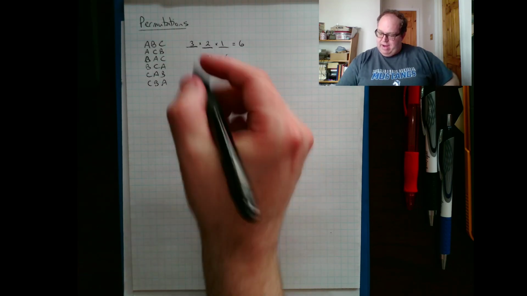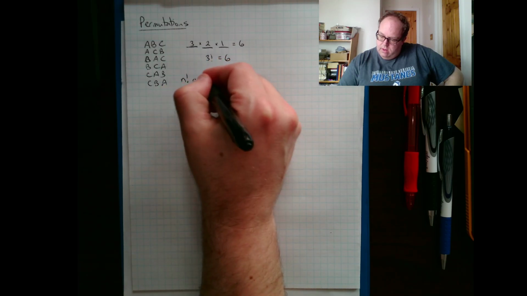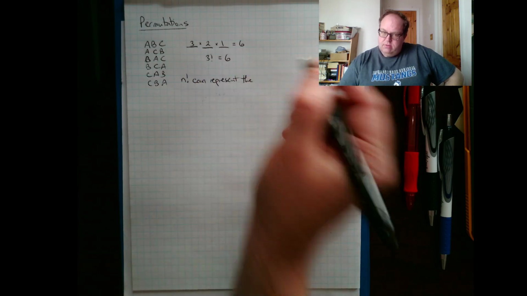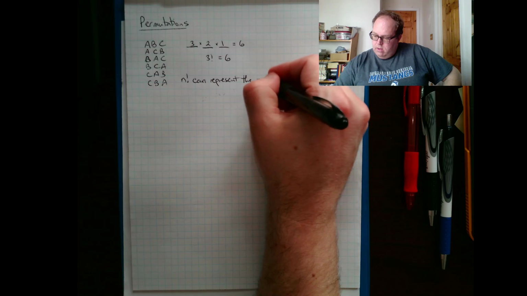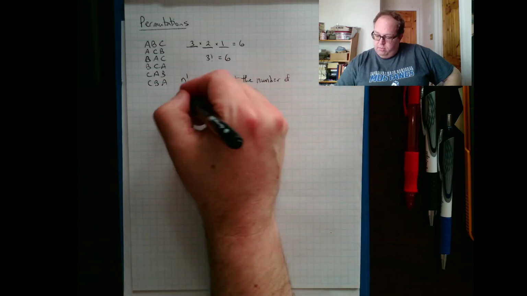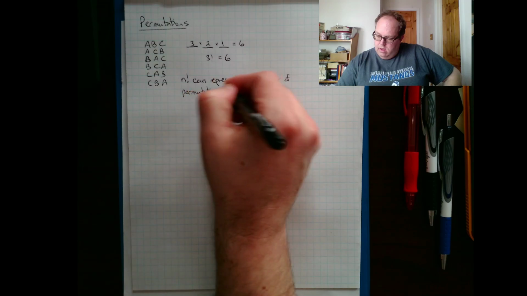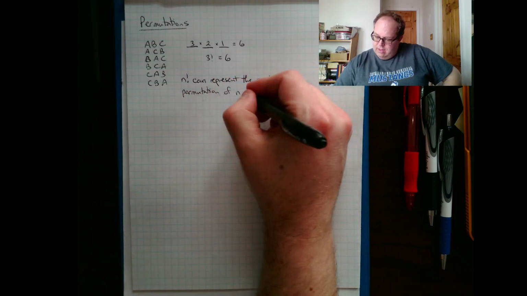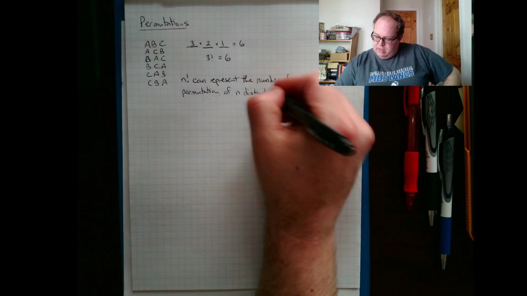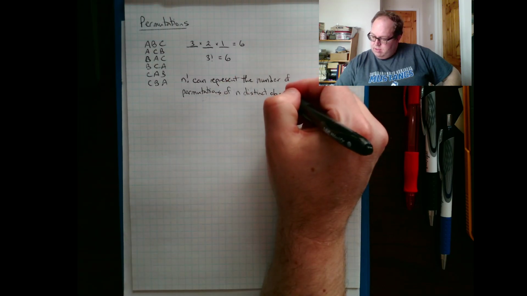And in fact, n factorial can represent the number of permutations of n distinct objects.